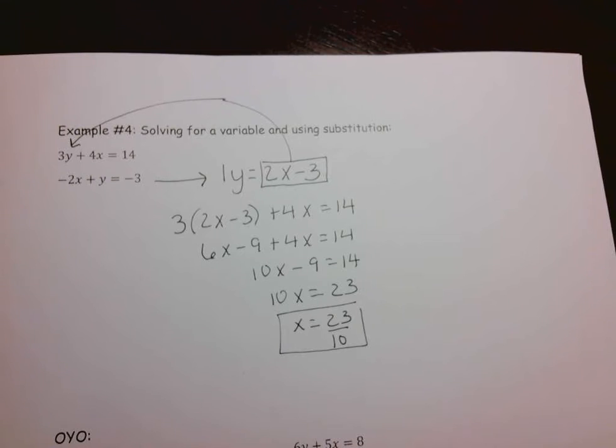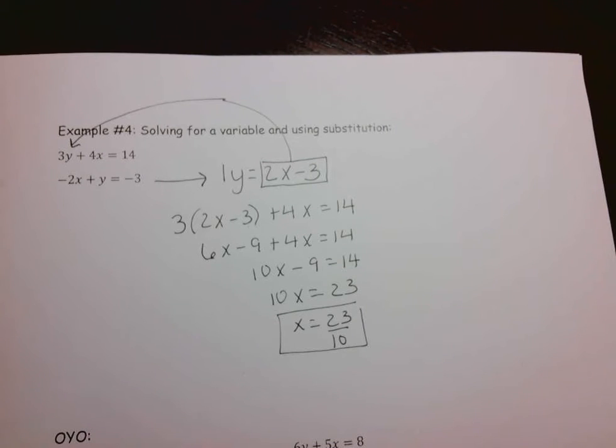So you can see already why solving using substitution is going to be much more efficient than solving by graphing. Solving by graphing only works if you have integers as solutions. If you get something like 23 over 10, determining that through graphing is going to be very, very difficult.